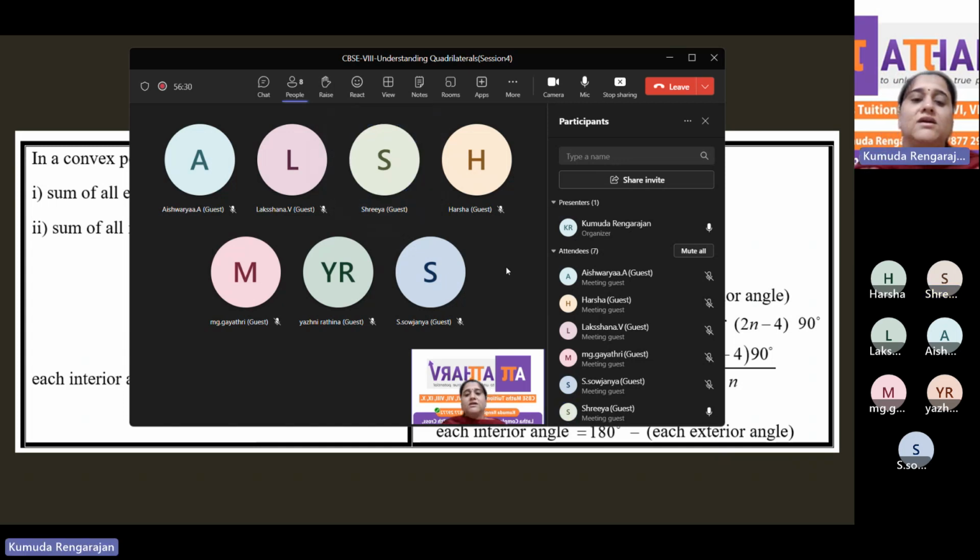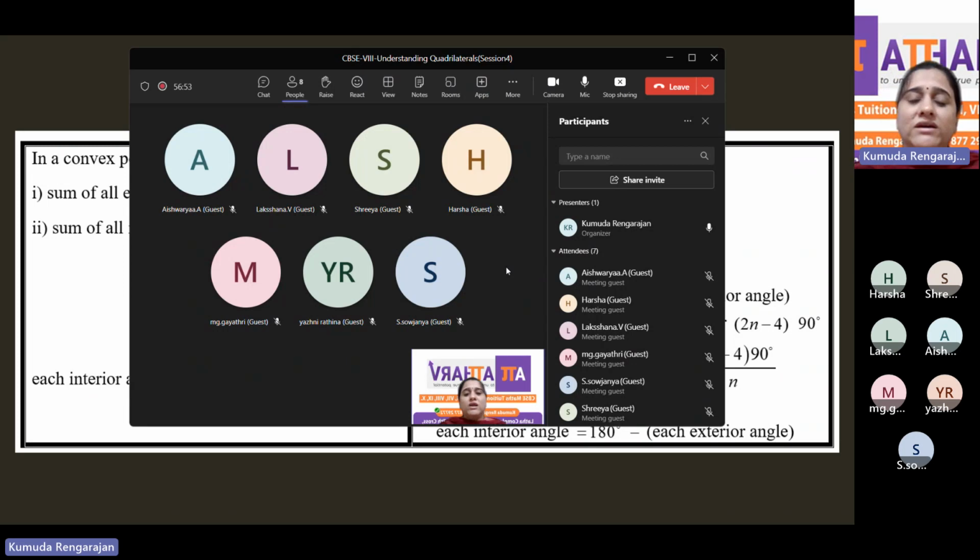Correct. In any polygon, even if it has 100 sides, the sum of all its 100 exterior angles will total to 360 degrees only. I repeat, even if the polygon has 100 sides or more than that also.